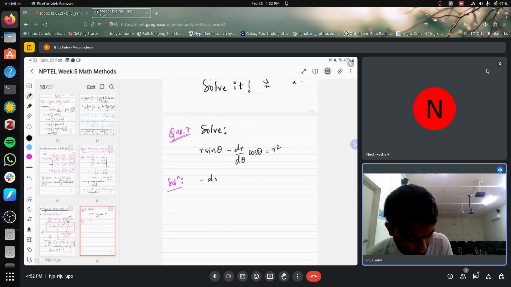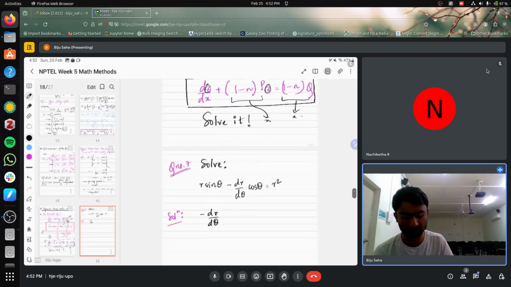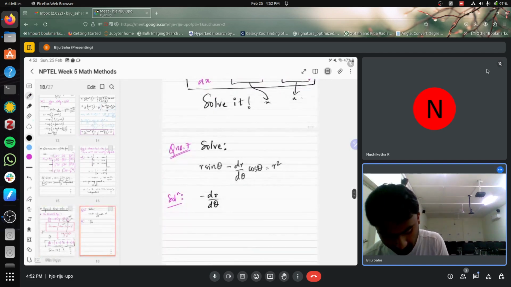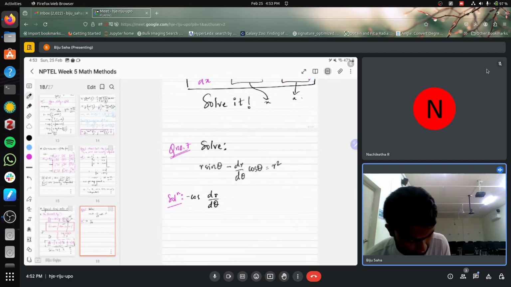So I am rewriting this in a form which is identical to the earlier. So I have minus cos theta dr by d theta plus r sin theta equal to r square.